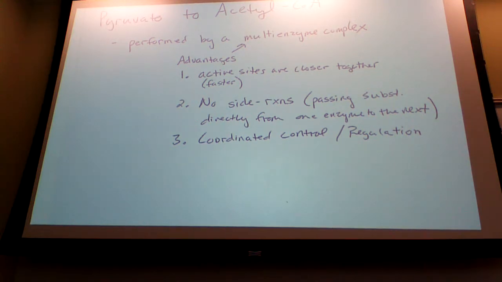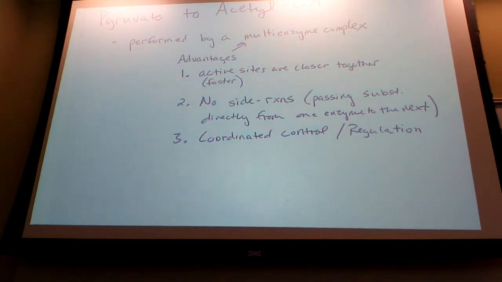And we're going to have a whole new set now for the citric acid cycle. But what's nice about this is that if all your enzymes are together in one complex, then you don't necessarily need to regulate all of them separately. You might have one inhibitor that inhibits the whole set, or one activator that activates the whole set. So you can coordinate the regulation that way.